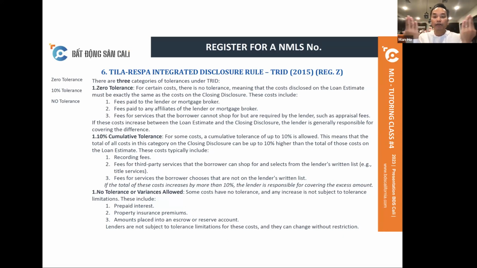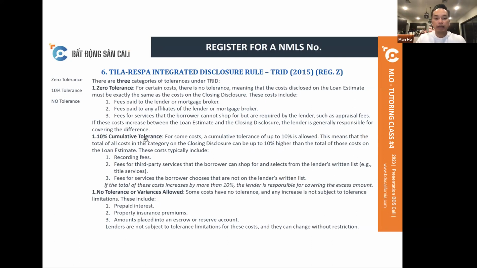If there is any discrepancy, then the lender is going to pay for it, not the loan officer. The loan officer is not allowed to take from the commission to pay for the difference of a service that was not picked by the borrower, but by the lender. So that's clear, right? Zero tolerance, because this thing for sure will be on the test.